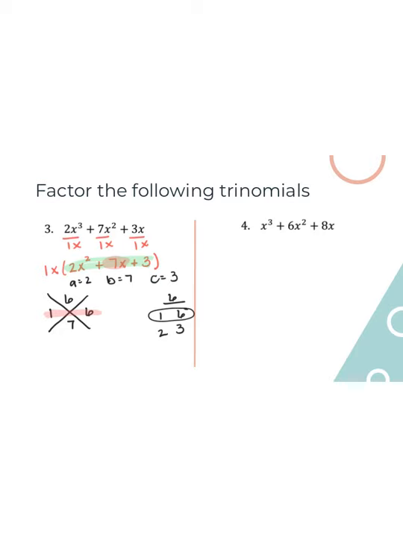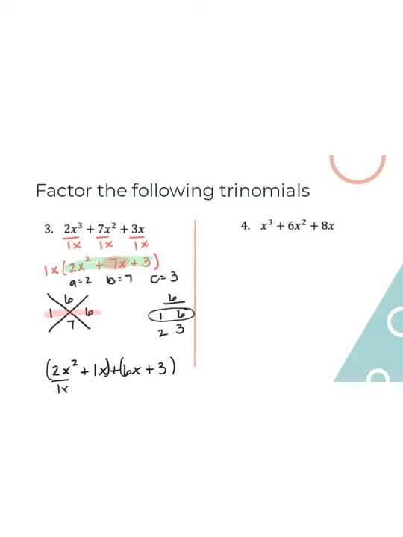Okay, so we're going to take what we pulled out. So now I have 2x squared plus 1x plus 6x plus 3. I'm going to chunk my first 2, chunk my second 2. What's in common between 2x squared and 1x?